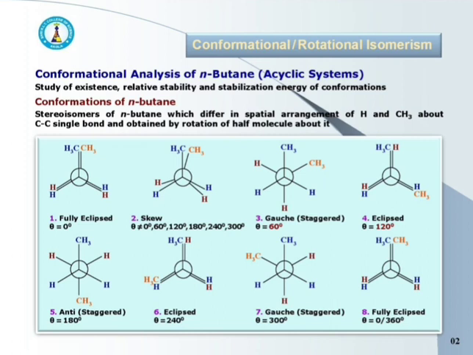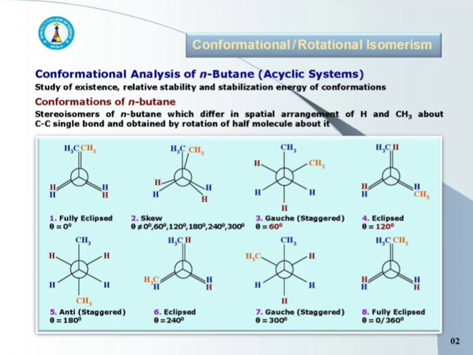This fourth conformation is different from the first. In first, CH3 groups are very close to each other, whereas in fourth, they are away from each other. First is fully eclipse conformation, whereas fourth is eclipse conformation.